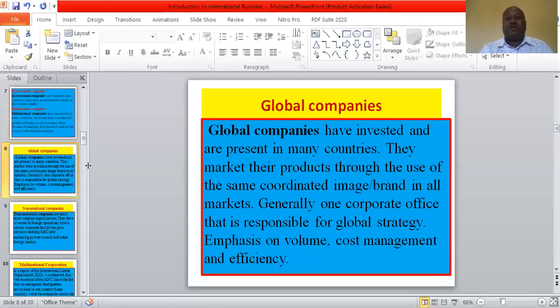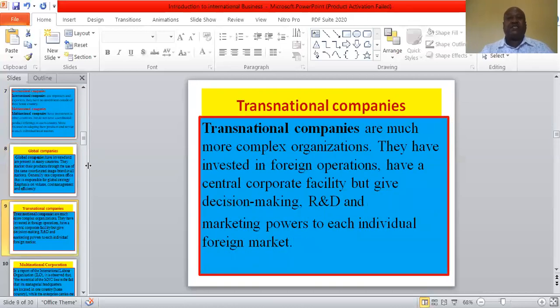We have global companies. Global companies have invested and are present in many countries. They market their products through the use of the same coordinated image and brand in all markets. Generally, one corporate office is responsible for global strategy, with emphasis on volume, cost management, and efficiency.